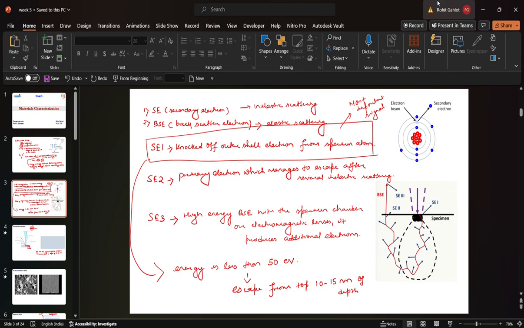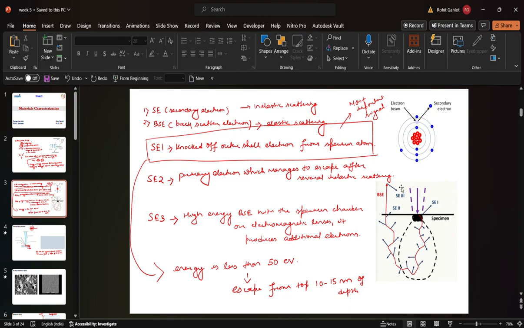Secondary electrons are from inelastic scattering, while BSC are from elastic scattering. The secondary electrons are also of types SE1, SE2, and SE3. I have drawn it in this image; you can see SE1, SE2, and SE3.